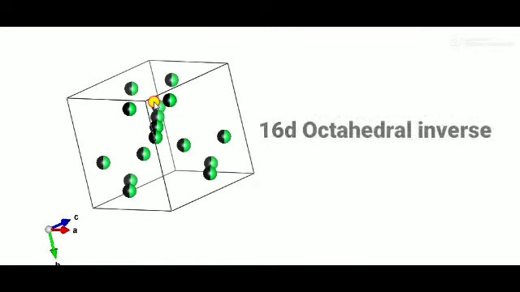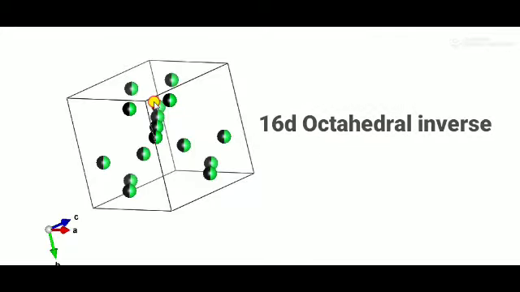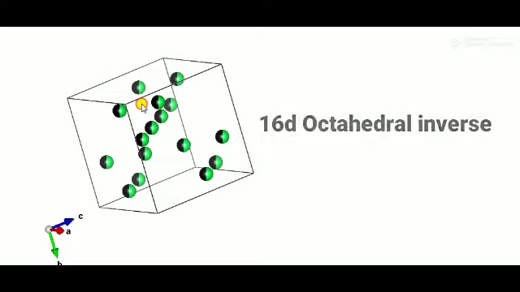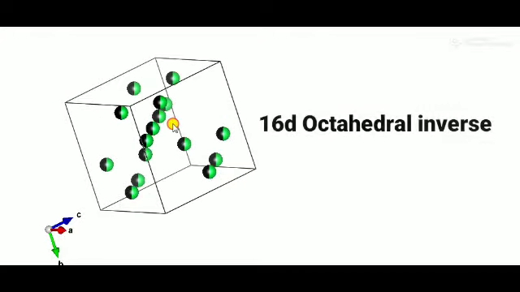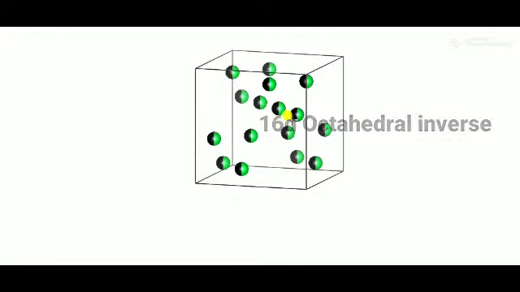Corner means the origin, so no atom is present at the origin. That is why it is called inverse. So inverse indicates 16D, and 16D means an octahedral geometry. This is the structure of MgFe2O4 with only octahedral geometry.